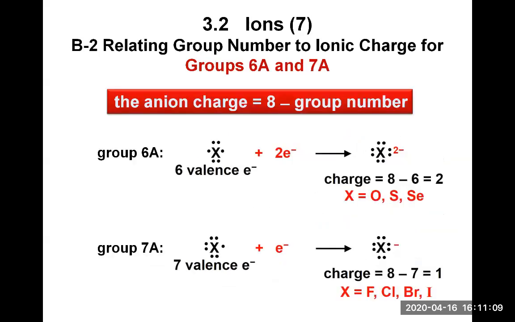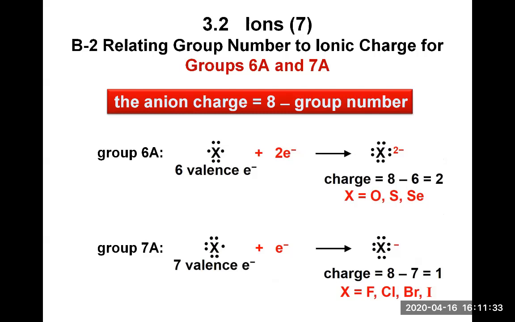And so now for non-metals in group 6A and 7A, even 5A, the anion charge is equal to 8 minus the group number. So for group 6A, they have 6 valence electrons.